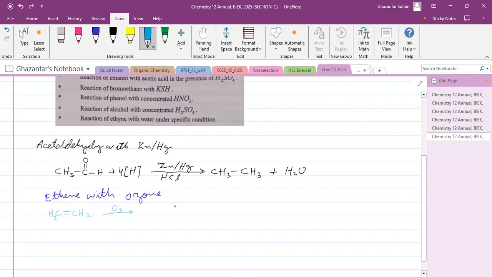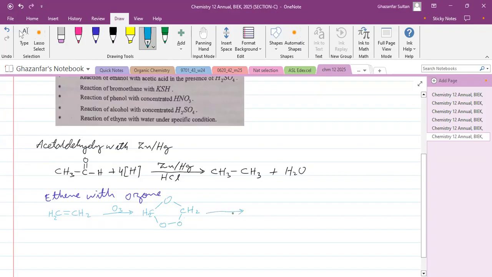because it is a two-step reaction that we will complete in a single line. It breaks this double bond and this ozonide is formed.